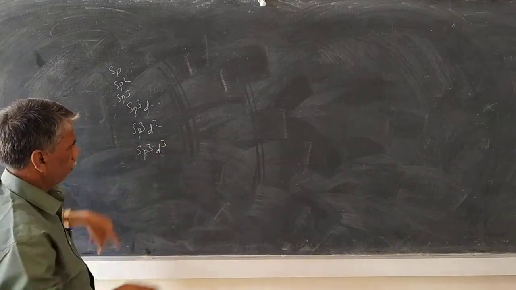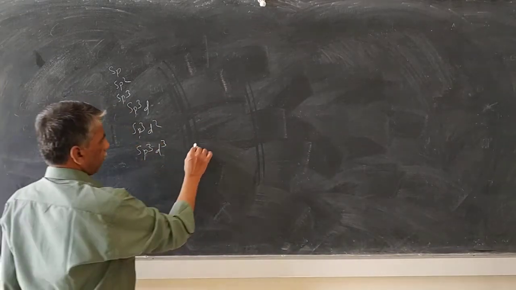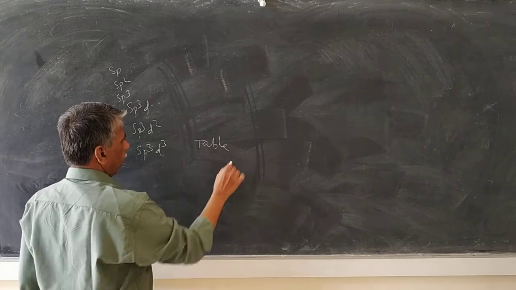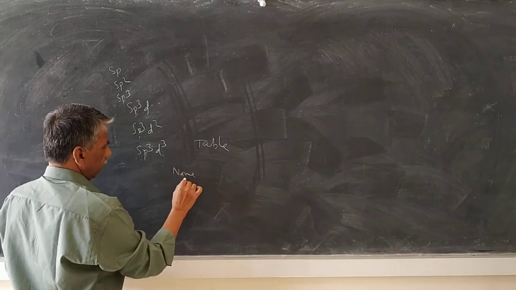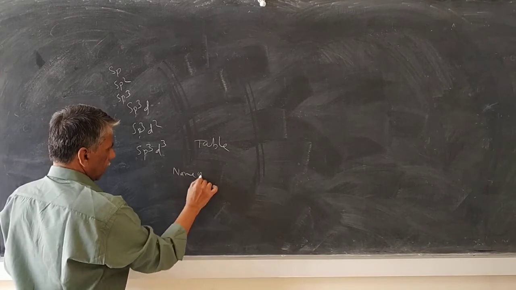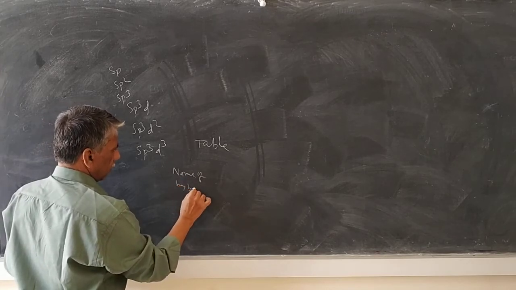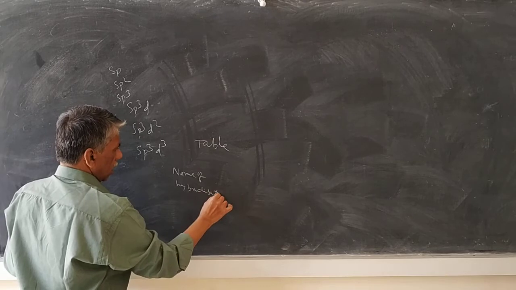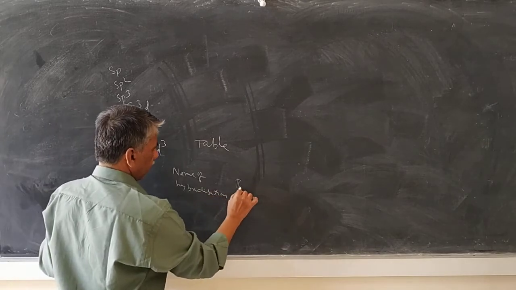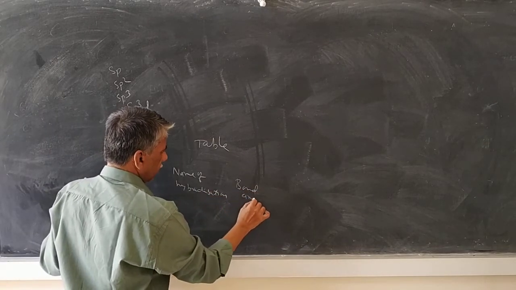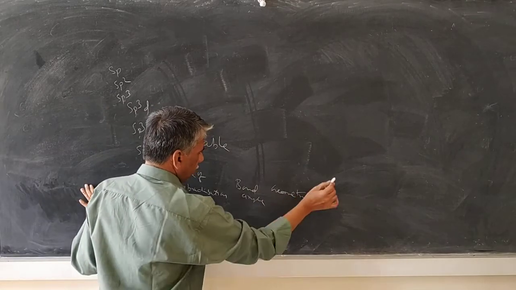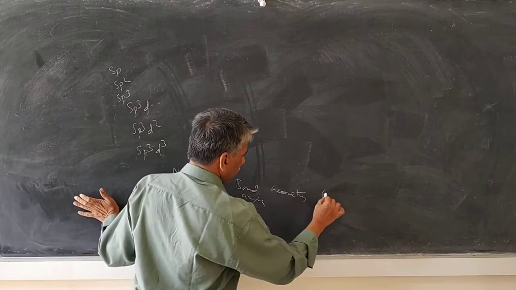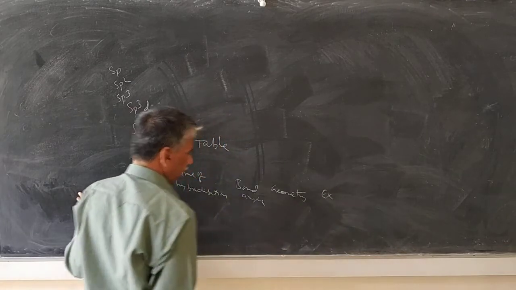So we have to list these in the form of a table. First, the name of the hybridization, then we write the bond angle and the geometry. Then you can write examples.